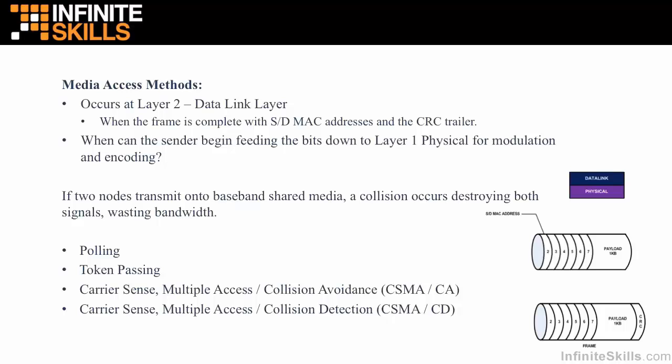Where we have evolved is primarily using carrier sense multiple access collision avoidance or collision detection, CSMA-CA and CSMA-CD. Now we're going to take a closer look at these two different media access methods. These are the ones that we use primarily today on our local area networks and then some.